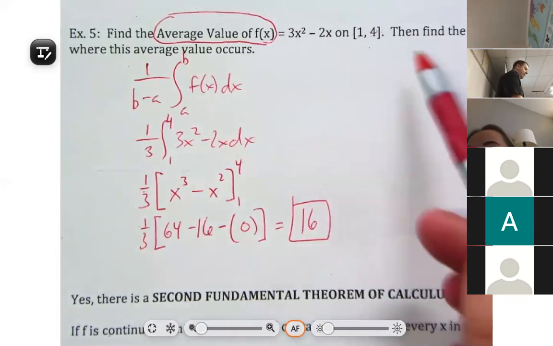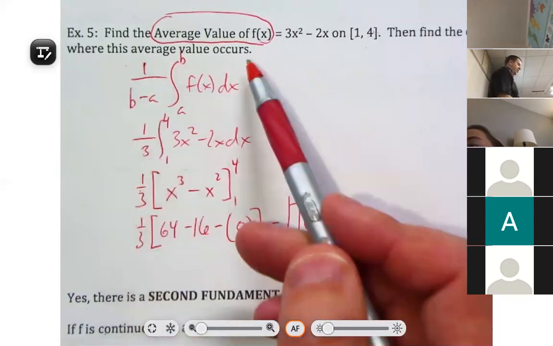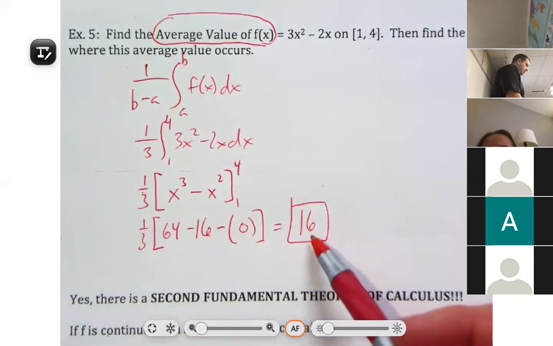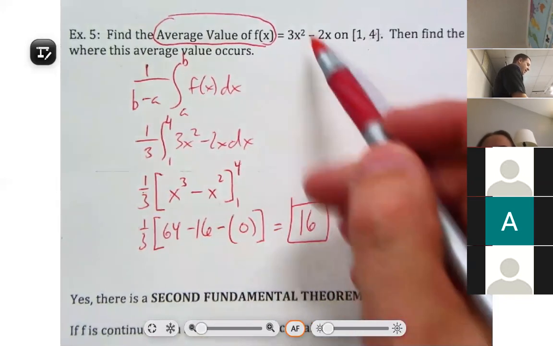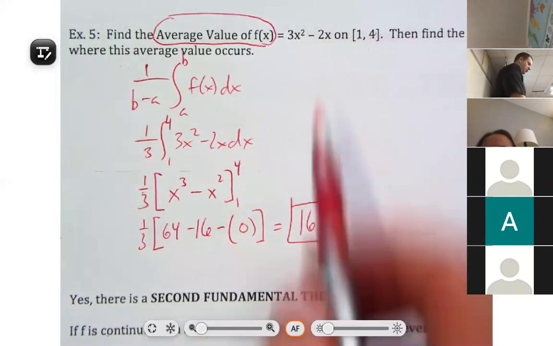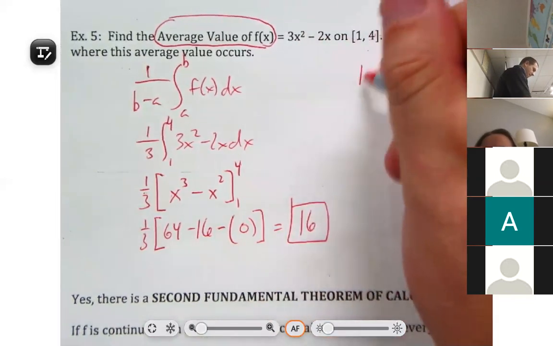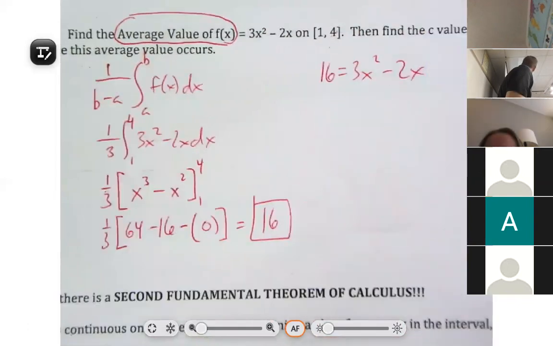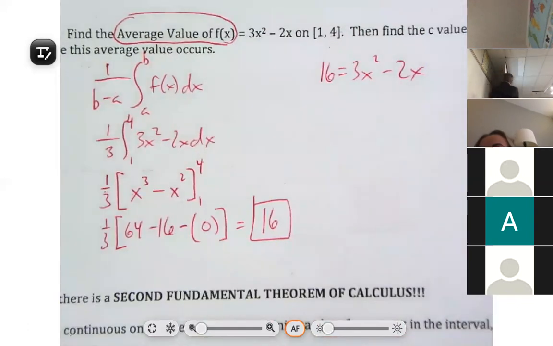Then it says, find the c value where this average value occurs. So now I want to know, if the function equals 16, what x value makes that happen? So I set my function equal to 16. Then I have to solve this. I'm going to set it equal to 0.